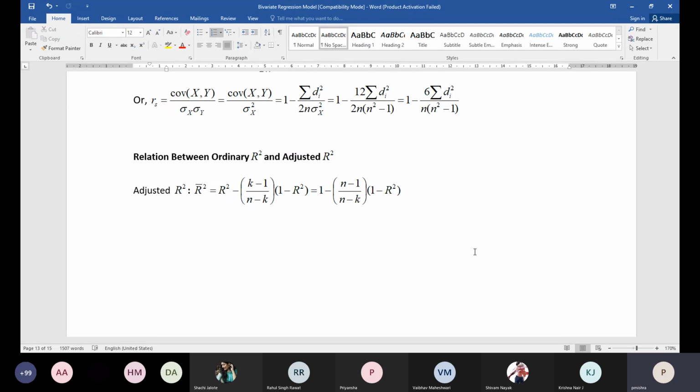But we can also do a similar exercise by estimating a regression model.